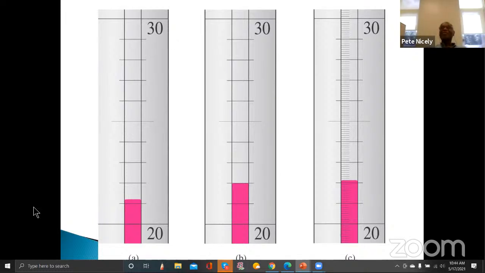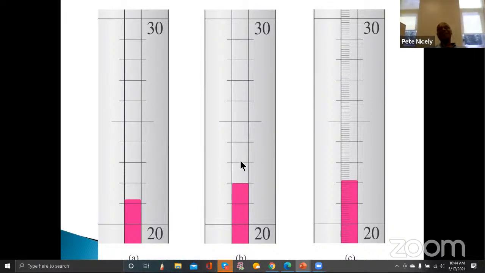We have 20 degrees here and 30 degrees here, and we have 10 equal divisions between the 20 and the 30. So this mark represents 21, that's 22, that's 23, 24, 25, etc.